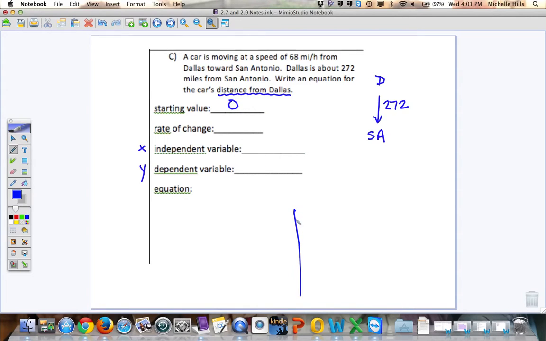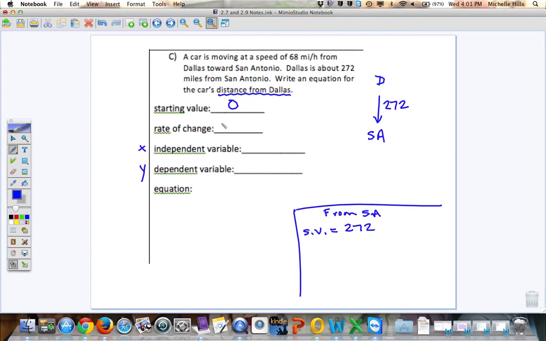If instead they had asked from San Antonio, in that case my starting value would have been 272. Because if it's distance from San Antonio, I would have started 272 miles away. But since in this case they said distance from Dallas, I'm 0 miles from Dallas to begin with.